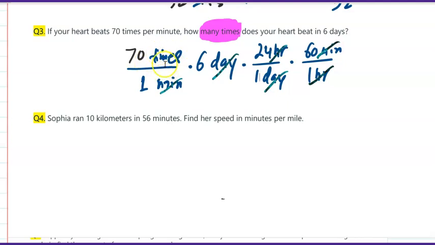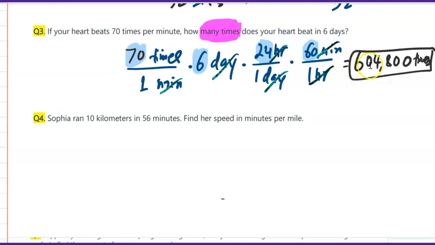The final answer must be times. So basically you multiply 70 with the 6, with the 24, with the 60, and divide by 1. So your answer must be 604,800 times. Remember that the unit left in this calculation is just times. So that's the answer.